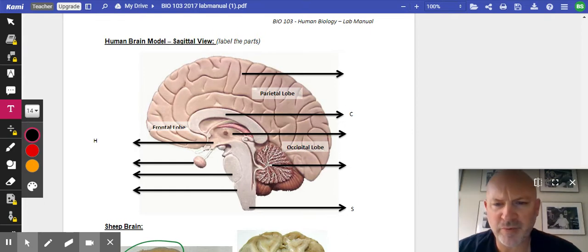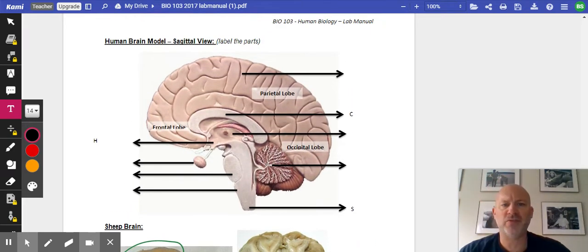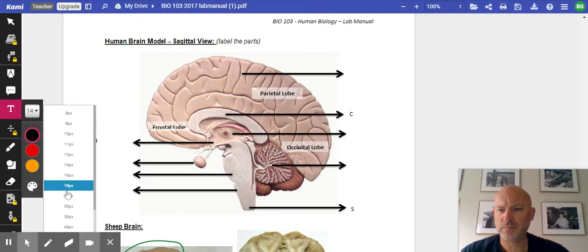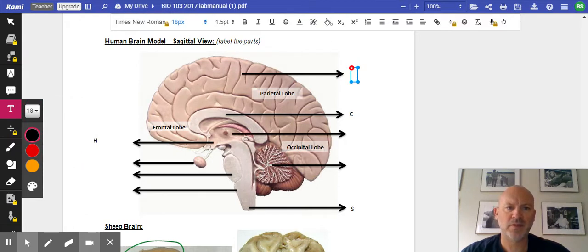All right, if we look at the brain, we could do some labeling here. We could start at the top and work our way around. At the top here, we have what's called the cerebrum.